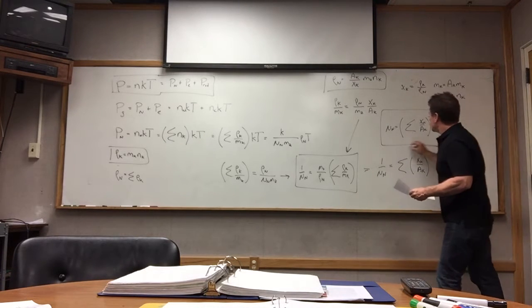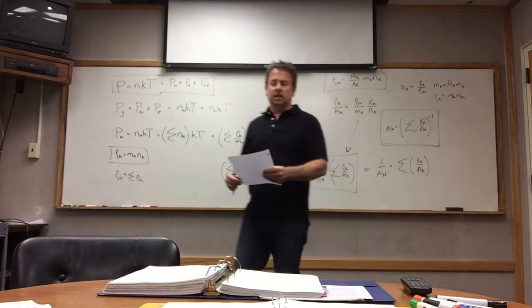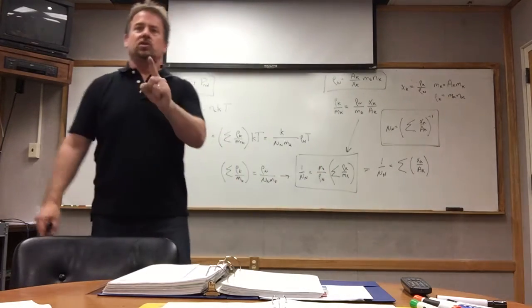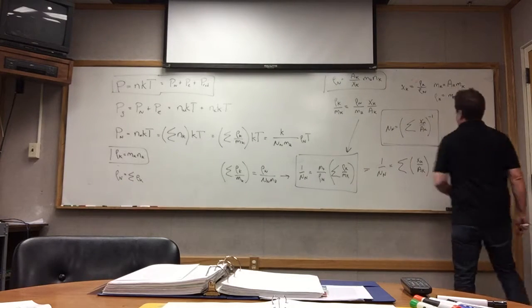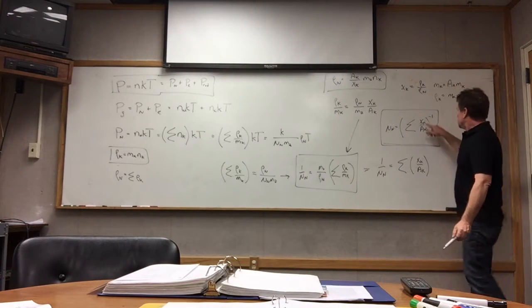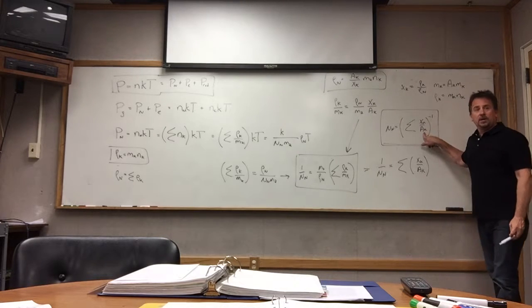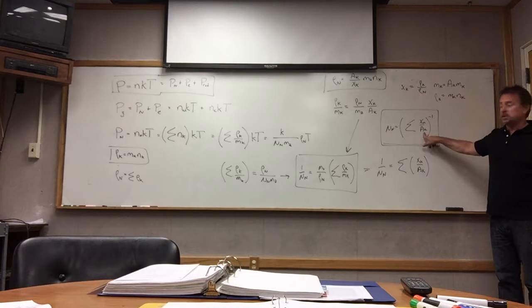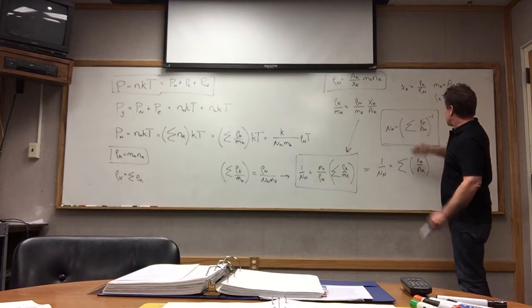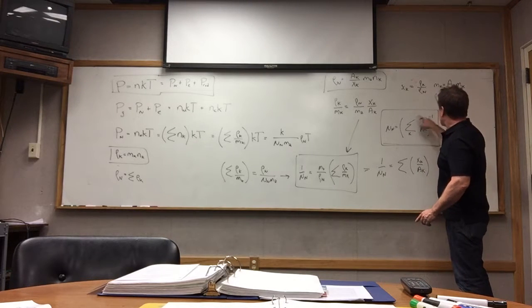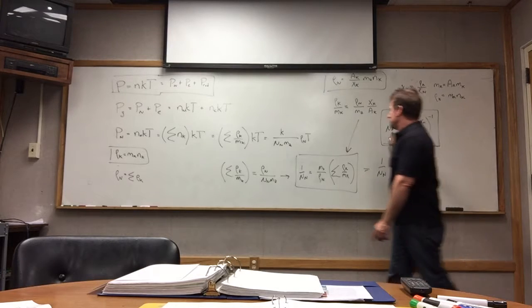And that, folks, you can calculate if you know the mass fractions. If you know the mass fractions of all your species, you know the atomic number of all your species, you take the ratio, you sum all of them over all k, you take the inverse of that, and bang, you've got mu_n.